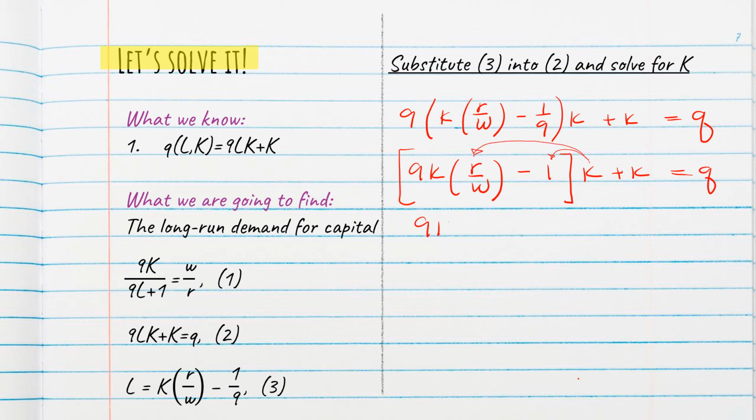So I have 9K squared times R over W minus K plus K is equal to Q. I breathe a brief sigh of relief because these two K's cancel. And I can rewrite this as 9K squared times R over W is equal to Q.